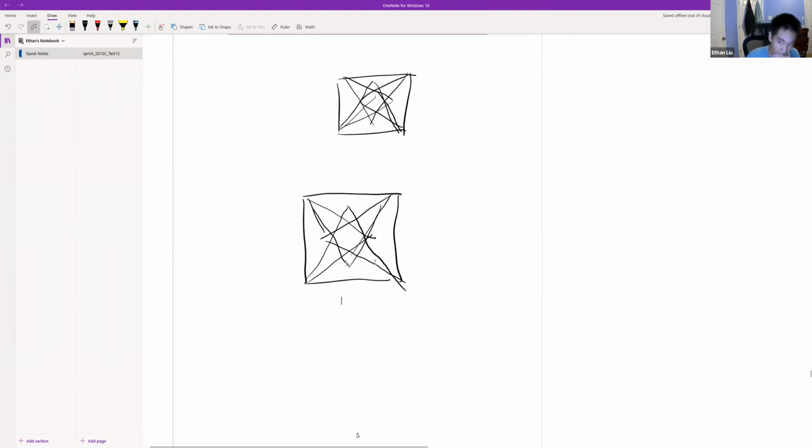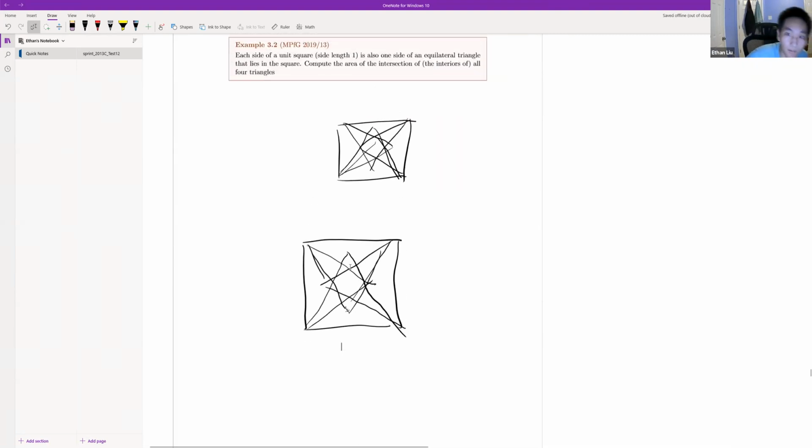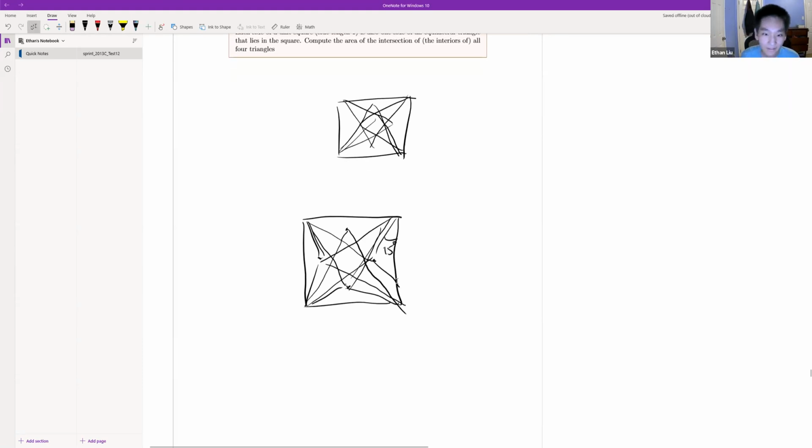So where are these points with these things? These things are so far from the sides. This is like 15 degrees, right? Sorry, I'm kind of tired. And so these intersection points are 30 degrees from the sides, and these are 15 degrees from the sides.